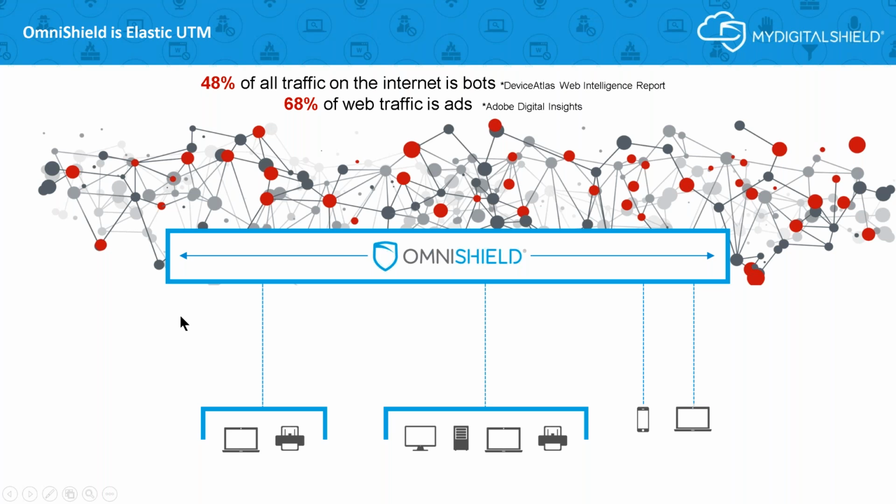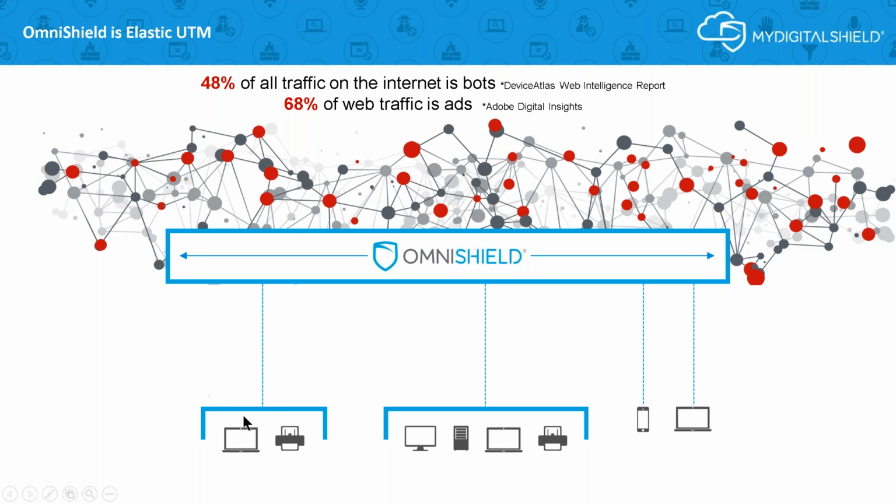The other part of it is now that we're blocking all the stuff way up here, you're getting this kind of clean pipe or clean internet effect. And what that means is you see the stats up here, right? 48% of all traffic on the internet is bots. So if you're doing this UTM in a box and you're blocking these bots after they come across your network, well, your bandwidth is being eaten up by these things, right?